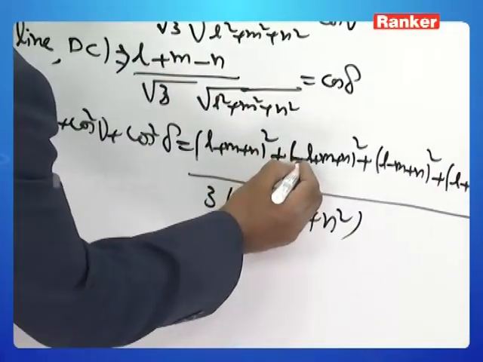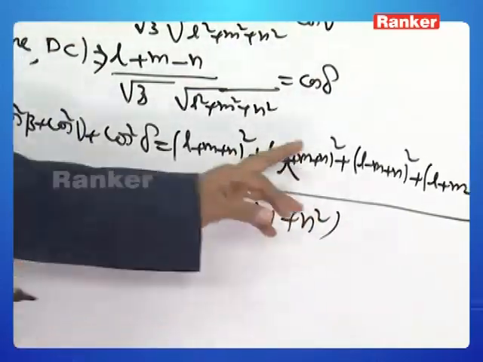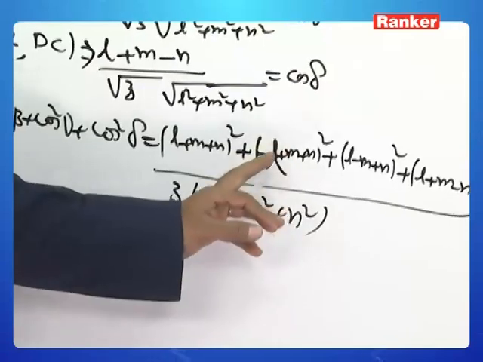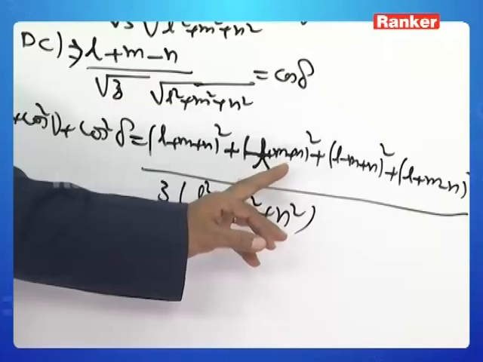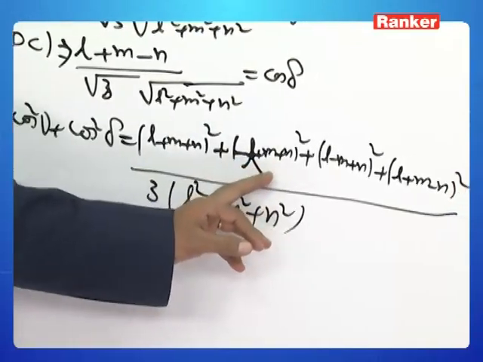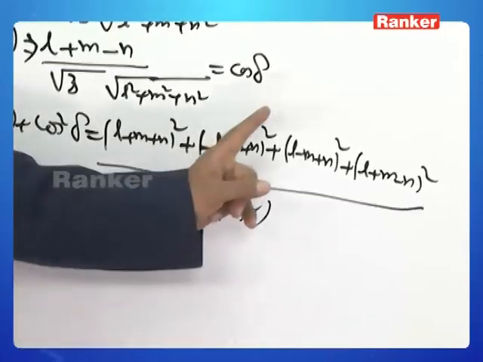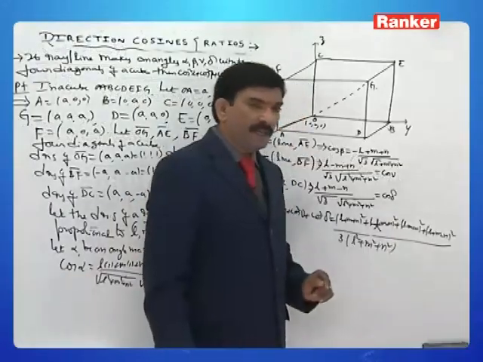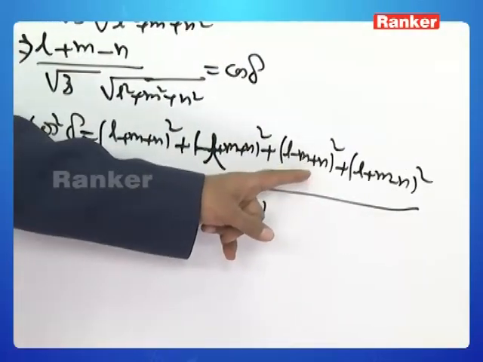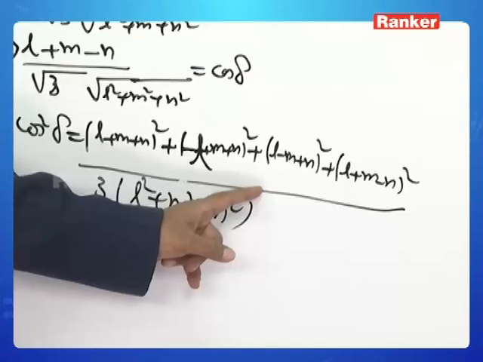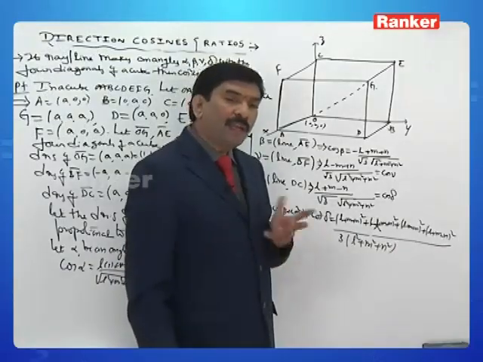So therefore now coming, this one is next minus L plus M plus N. Now L square plus M square plus N square minus 2LM plus 2MN minus 2NL. Right. Next, that is L minus M plus N. So therefore L square plus M square plus N square minus 2LM minus 2MN, but the next plus 2NL.